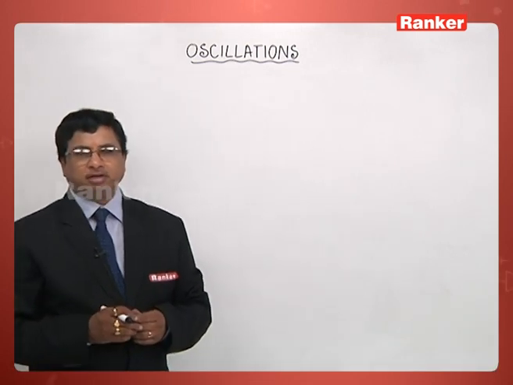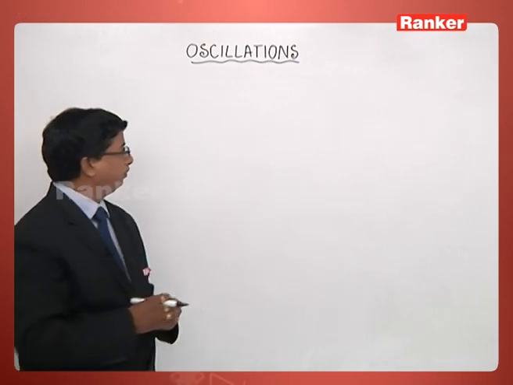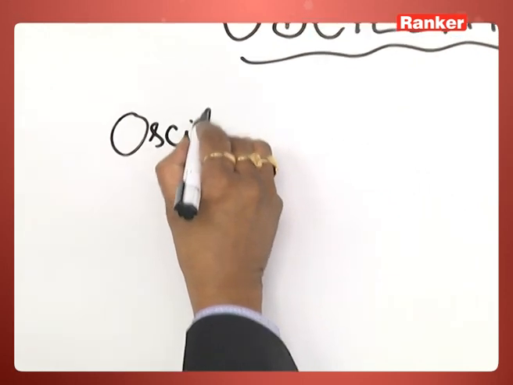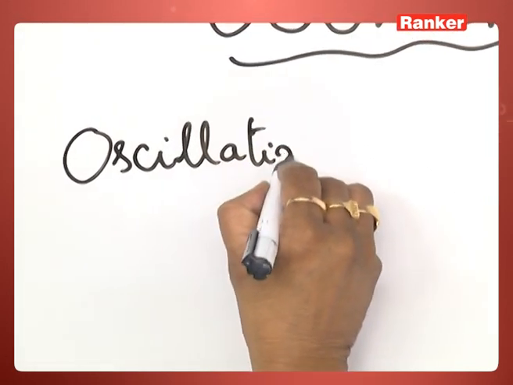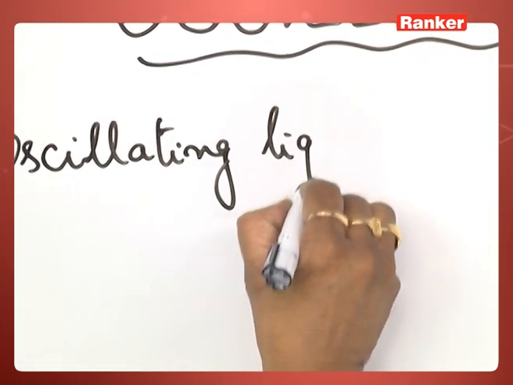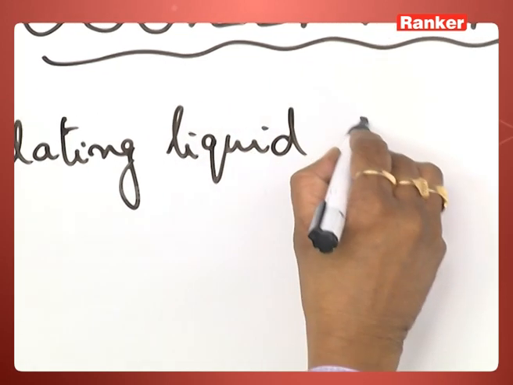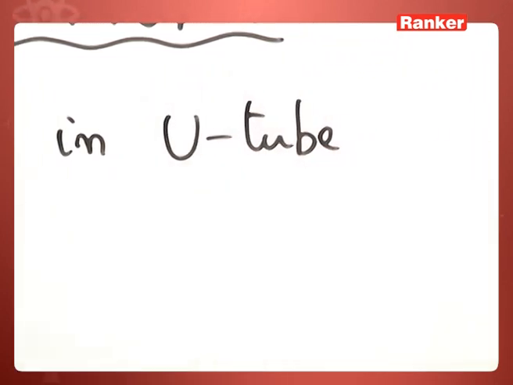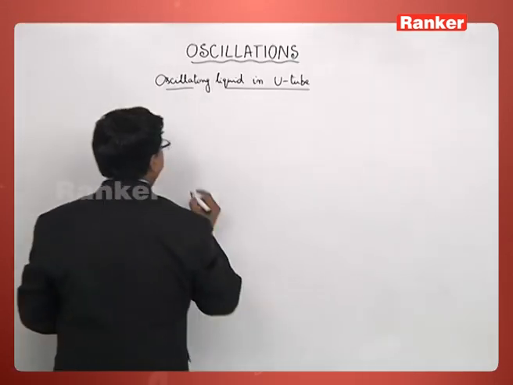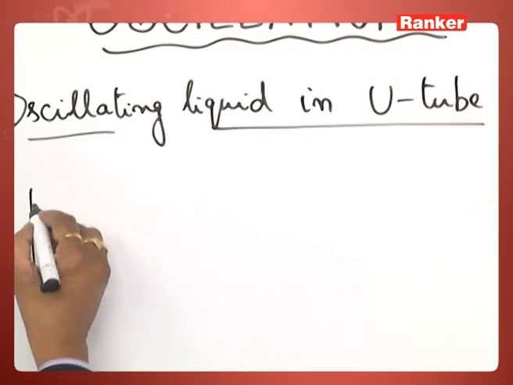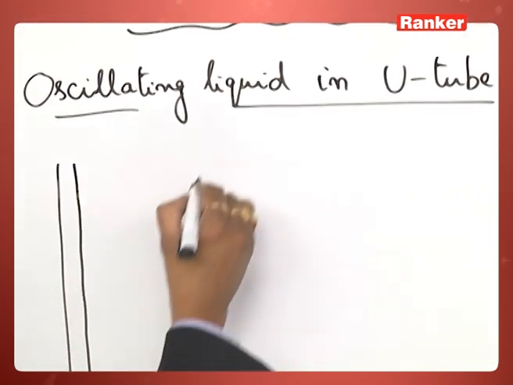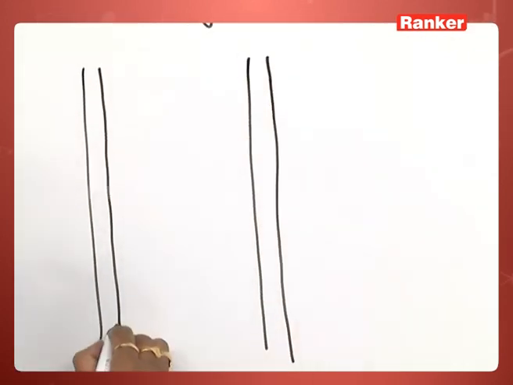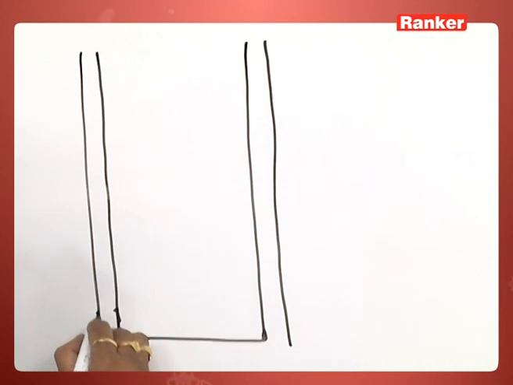Oscillating liquid in a U-shaped tube. Say for example, there is a U-shaped tube like this, a uniform tube.